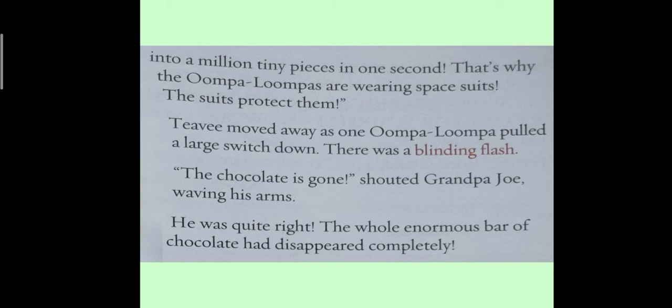You all must have seen, whenever you click pictures with your flash on, a bright light comes from the camera or your cell phone. In the same way, the light came from the enormous size camera, and Grandpa Joe waved his arm and saw that the chocolate is gone. Grandpa Joe waved his arm and said he was quite right. The whole enormous bar of chocolate has disappeared completely.